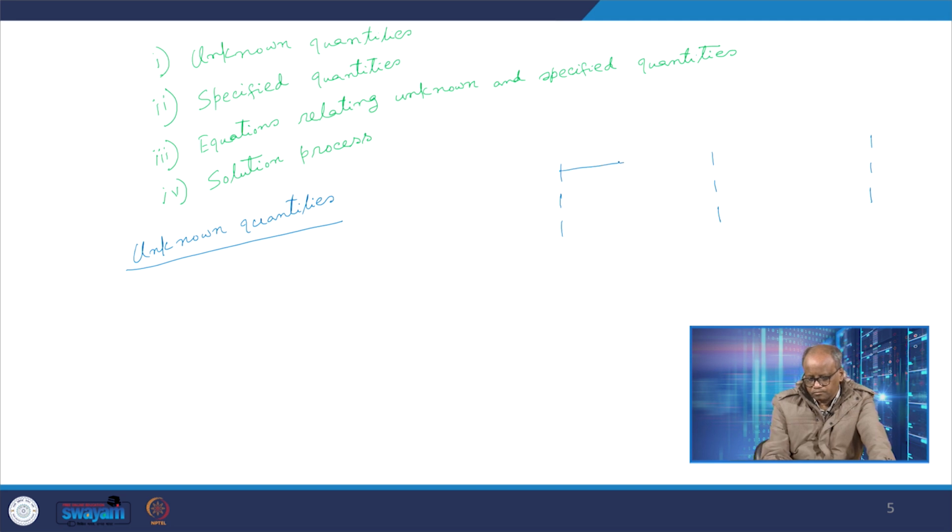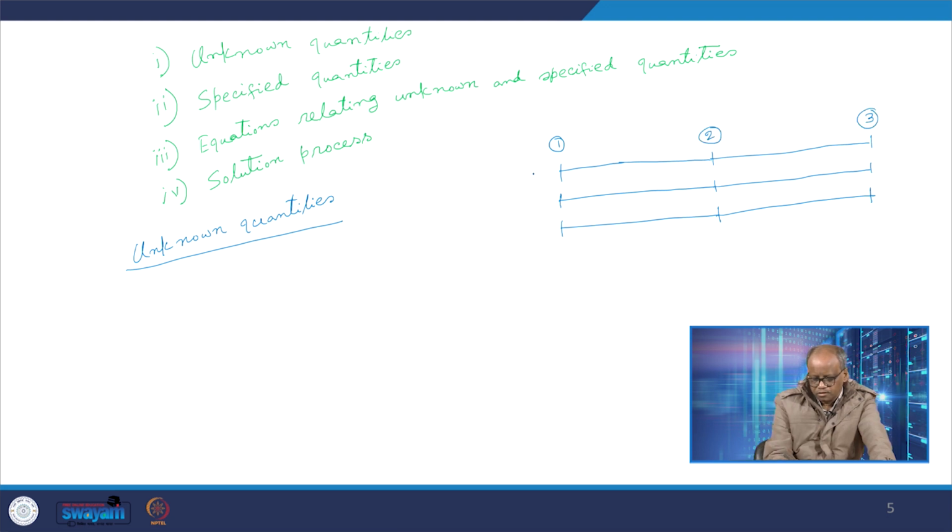Bus 1, bus 2, bus 3, then phase A, phase B, phase C. For bus 1, the voltage magnitudes are V1A, V1B, V1C, and the angles are theta 1A, theta 1B, theta 1C.